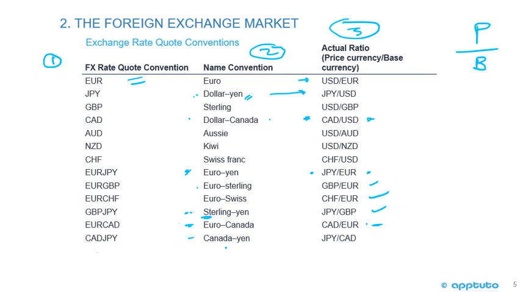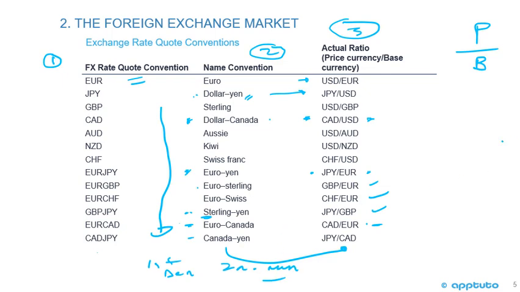Canada yen, aha, the first word is the denominator, so you can see the Canadian dollar is in the denominator, okay? Here we had dollar Canada, and so the US dollar is in the denominator, and the second one is in the numerator. So that's the way that I kind of keep it straight. You just have to remember the first is the denominator, and the second is the numerator. And then I think you'll get it straight.